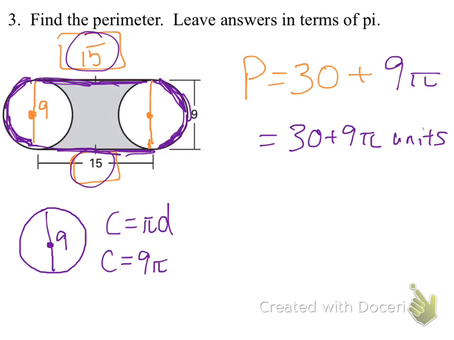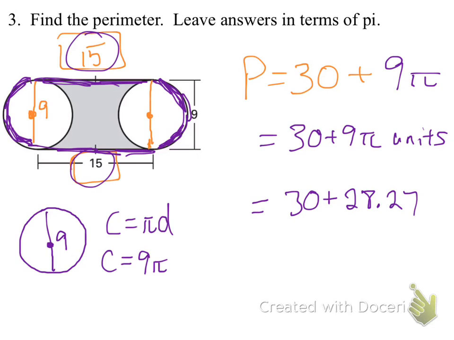But for the people that want something a little more concrete, let's go ahead and get this decimal here. So if I do 9 times pi, that'll get me about 28.27.